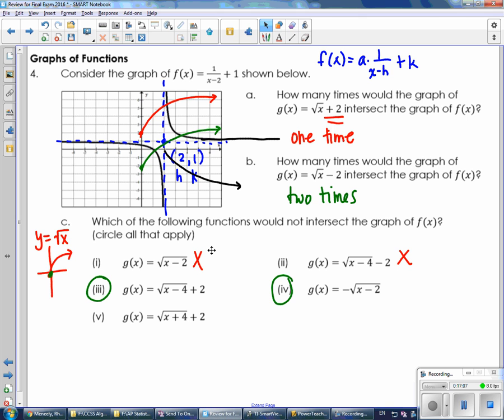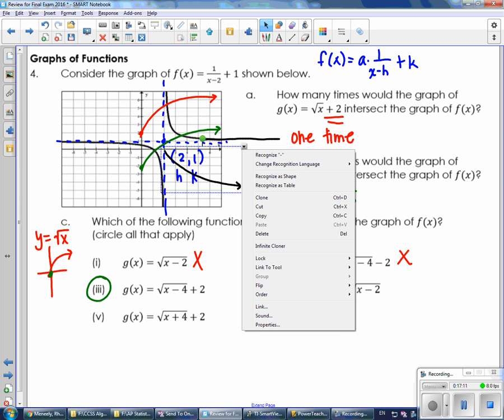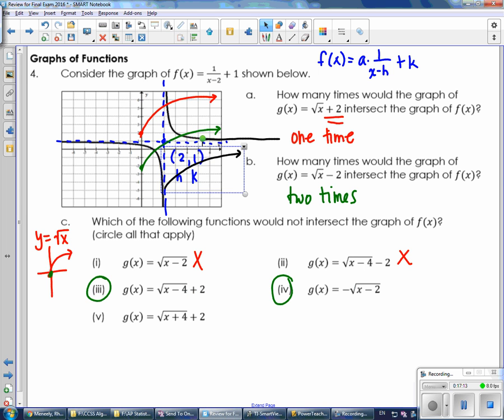And then finally, number 5, let me move this back. Okay, so there's my parent function. In number 5, it's asking me to consider the square root of x plus 4, plus 2. Plus 4 is actually going to move to the left 4 units, and up 2 is going to put me right there.